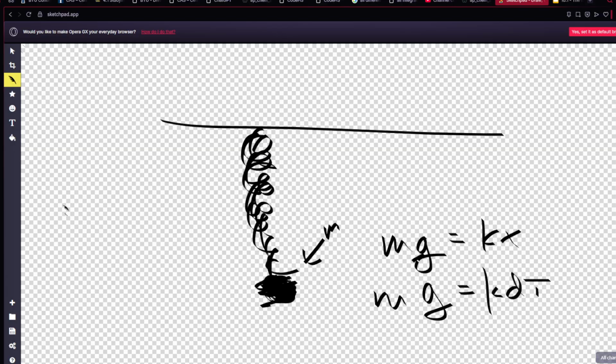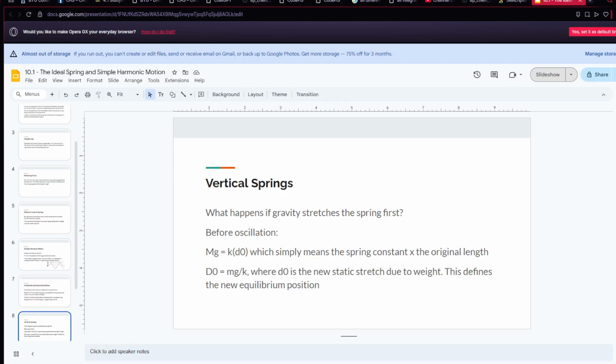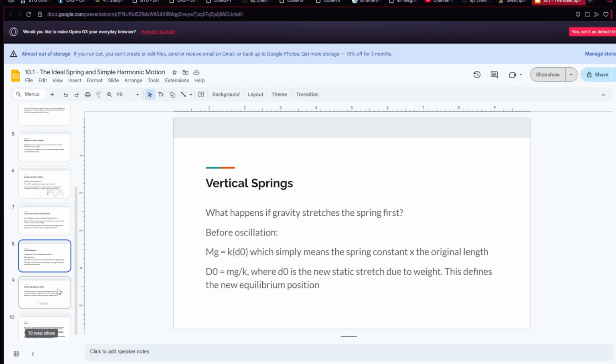So let's say that if we did it sideways and the spring was this length, x, but let's say we turn the ceiling somehow upside down and we rotate it 90 degrees, then the length would be x plus kd0, which is essentially how much the spring is compressing. So yeah, pretty simple stuff there.